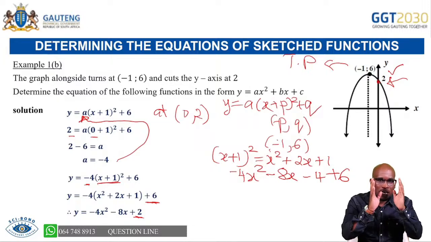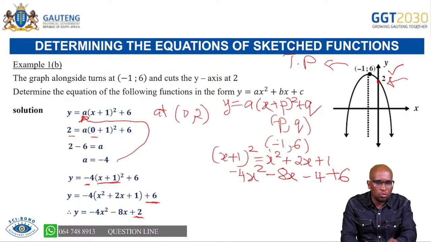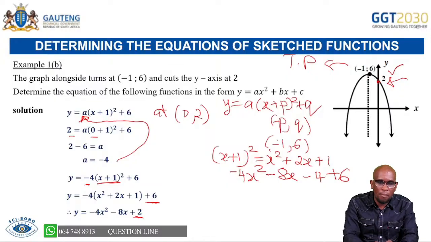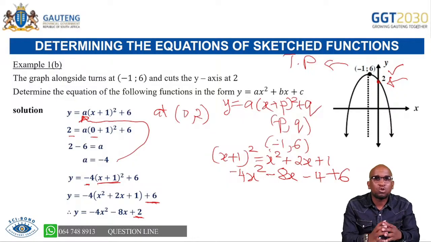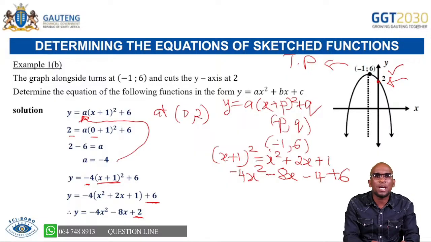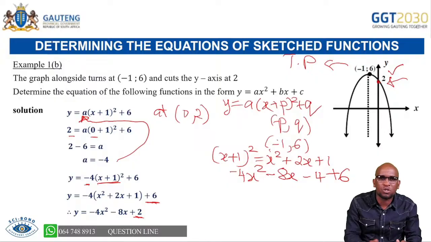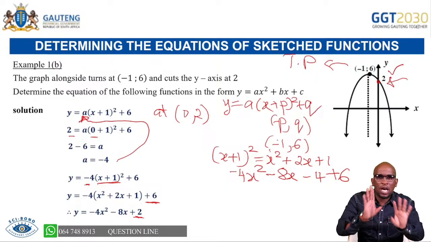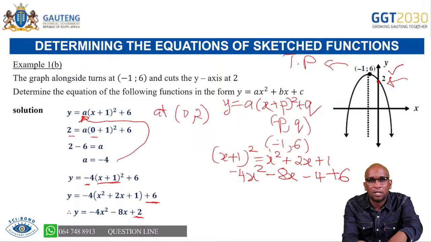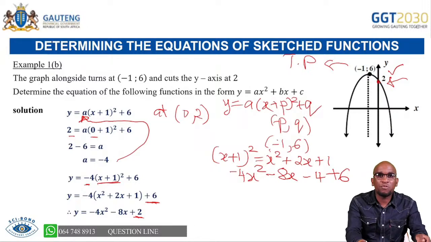If we are given a turning point and a point, then we are going to use the turning point form, y equals a(x + p) squared plus q. And if we are given two x-intercepts, then we need to use the x-intercept form, y equals a(x minus x1)(x minus x2). So you need to check which form is given. Right, so now we move on.